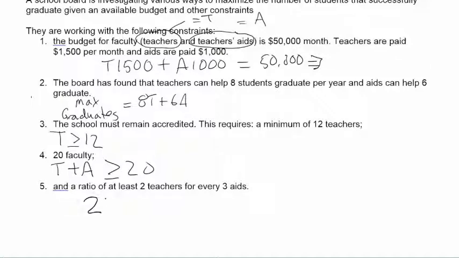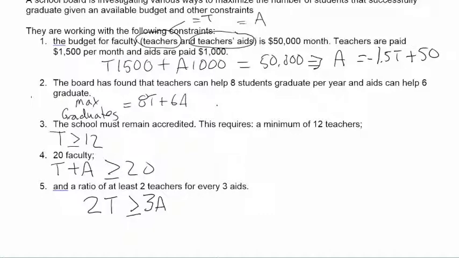Then I think the next thing we should do is put each of these in slope-intercept format. It'll be easier to graph them. So let's go back up to 1 and put that in slope-intercept format. That is A equals minus 1.5 T plus 50.